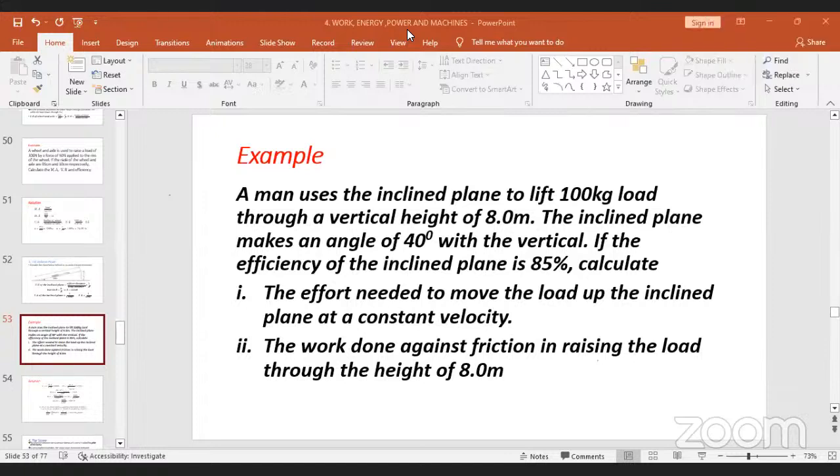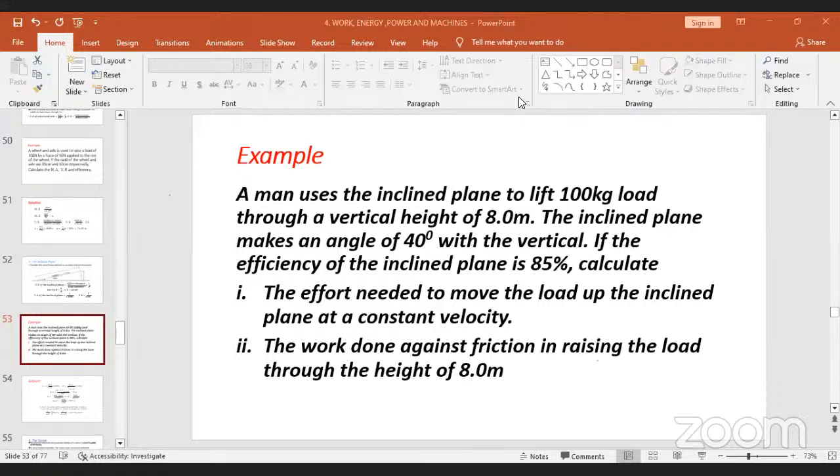I can see somebody with the effort 756.1 Newton. Anybody else?